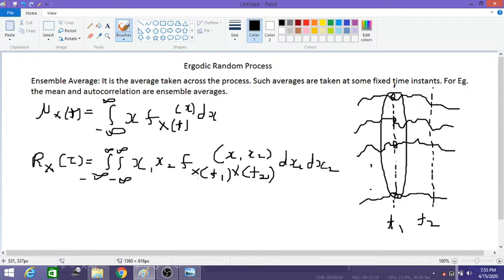So this is our mathematical definition. If the above two averages are taken across the ensemble at a particular instance, they are ensemble averages.